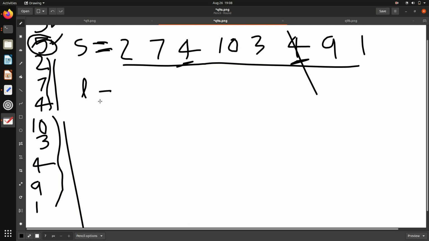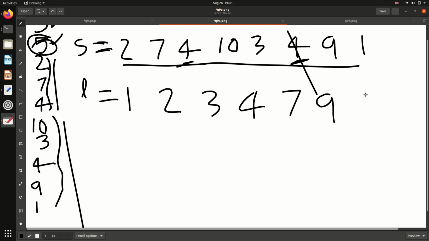The new list is here, which is sorted. It will be 1, 2, 3, 4, and then 7, 9, 10. These values we got. 1, 2, 3, 4, 5, 6, 7. 7 values we got. So we got the L, we made it sorted, and we know that the rule of the median is to sort it, then find the median.